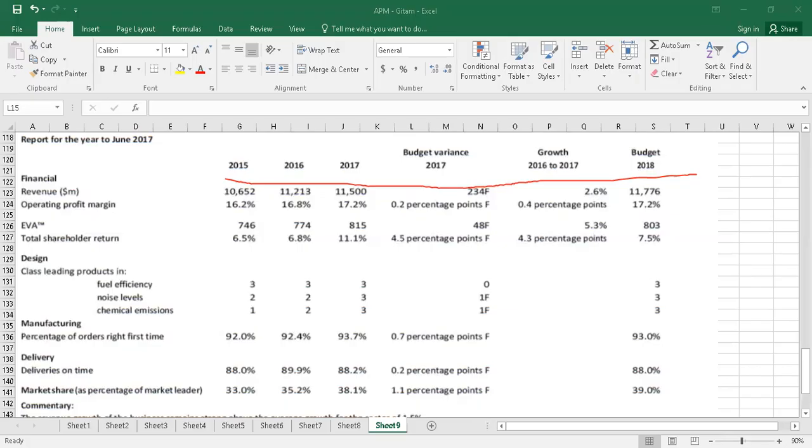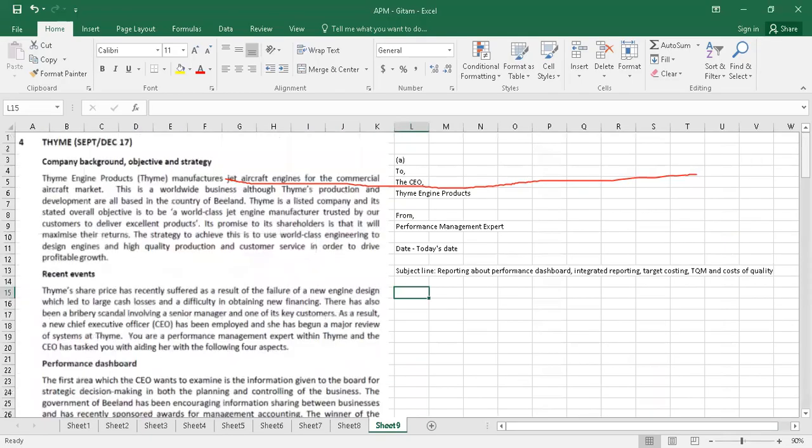I think time will be sufficient only to discuss the performance dashboard.